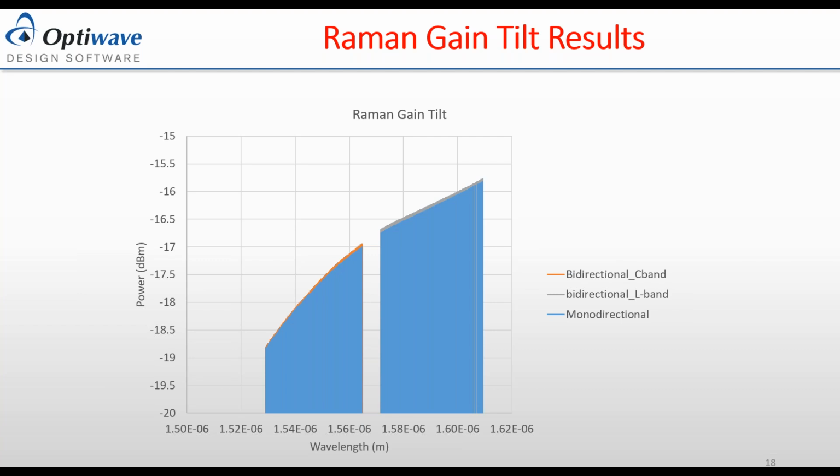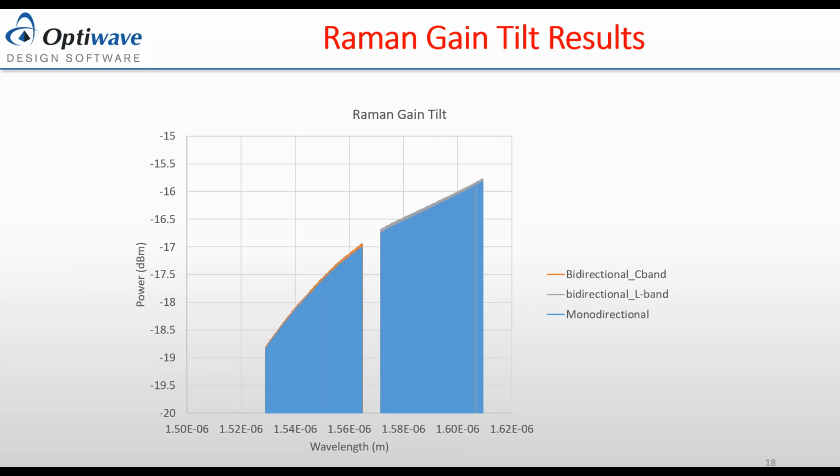Different types of fibers have different effective mode areas, and then the nonlinearity interaction would be different. So for each type you have to make sure that you use the right parameters to get the right simulations.